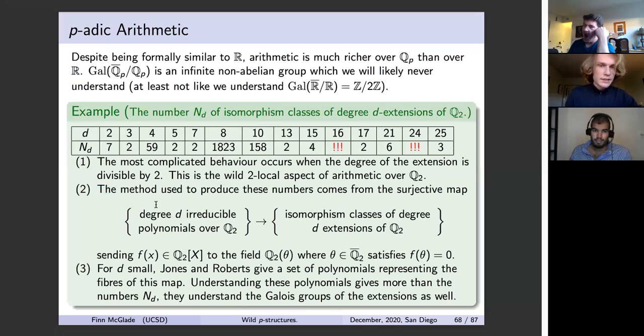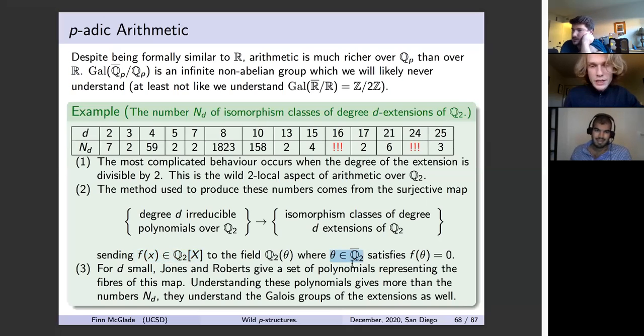What they do is take advantage of this surjective map of sets. You can consider the set of degree d irreducible polynomials over Q2, and I claim that this set maps to the set of isomorphism classes of degree d extensions of Q2. How do you build the map? You take a degree d irreducible polynomial over Q2, and then you take some root theta of that polynomial in the algebraic closure of Q2.